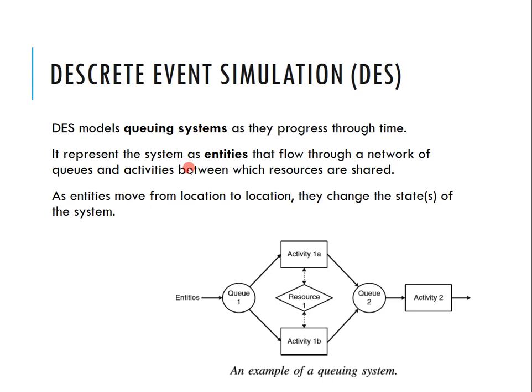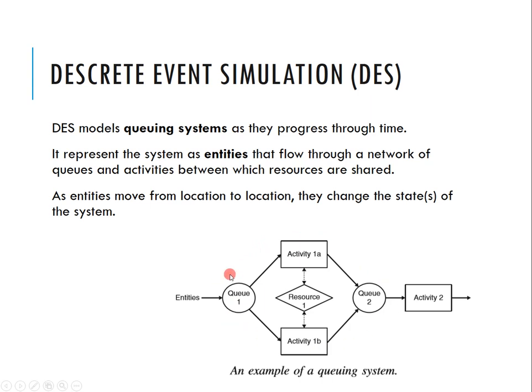So basically, DES is used to represent a system as entities or objects flow through a network of queues and activities between which resources are shared. For example, this is an example of a queuing system, where entities, ni objects, flow through a network of queues.